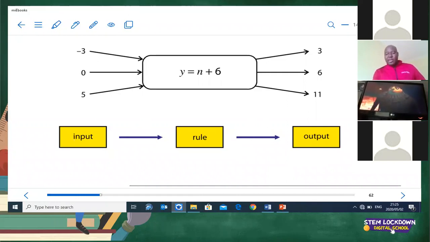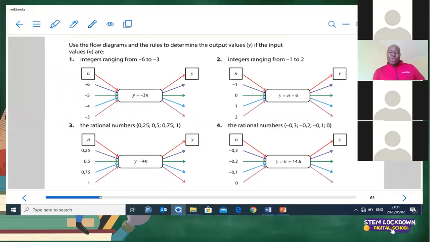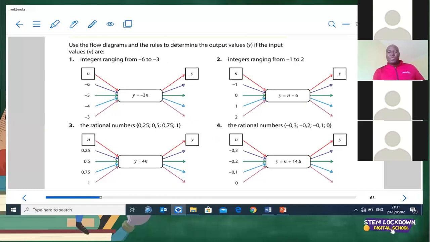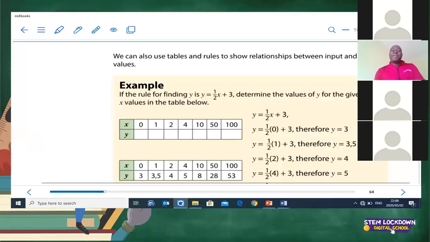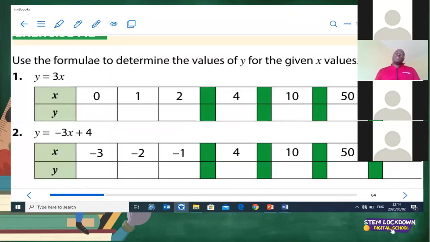Then as we moved forward, we carried on in a manner that shows that you can substitute all of these values, particularly in finding the output. So we've done the flow diagram, we've also done the table. Those are the two concepts that we've looked at today, both the flow diagram and the table, using the input and the rule to find the output.